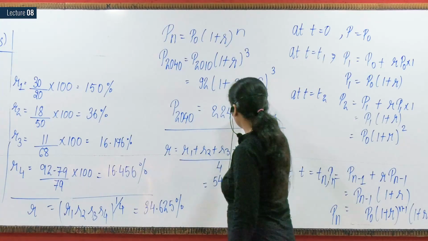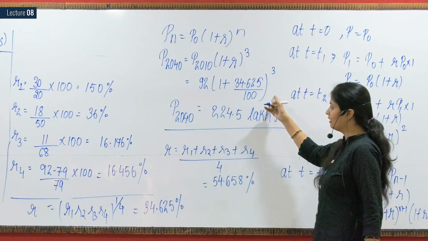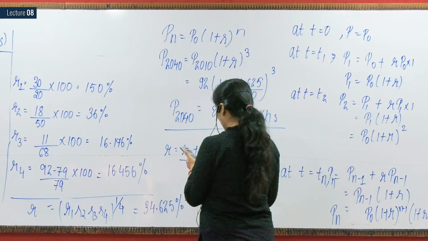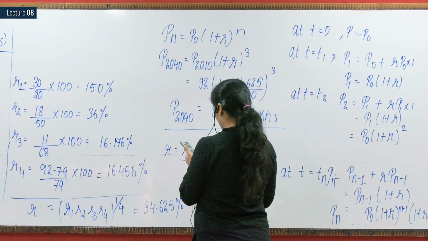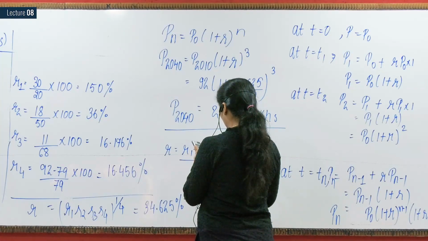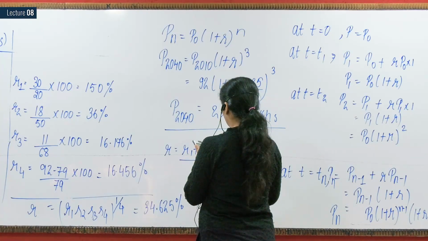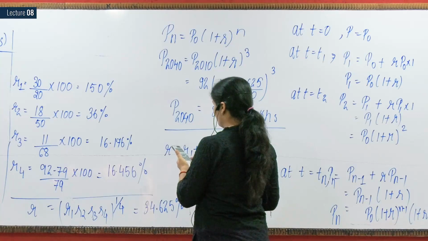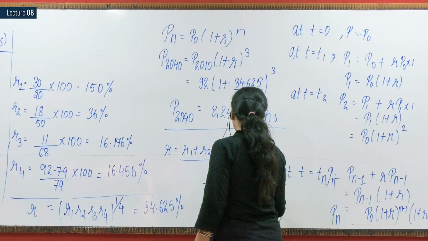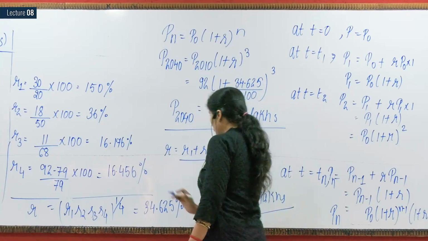Now we will do the same thing. The only difference is that in place of 34.625, you will put 54.658. So what will you get? 92 into (1 plus 54.658 divided by 100) cubed. In this case, you will get 340.34 lakhs as the value of the population.